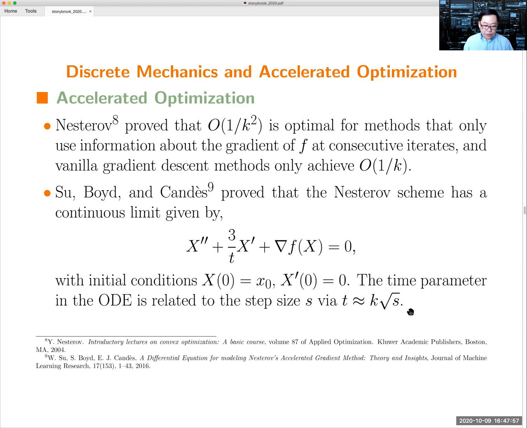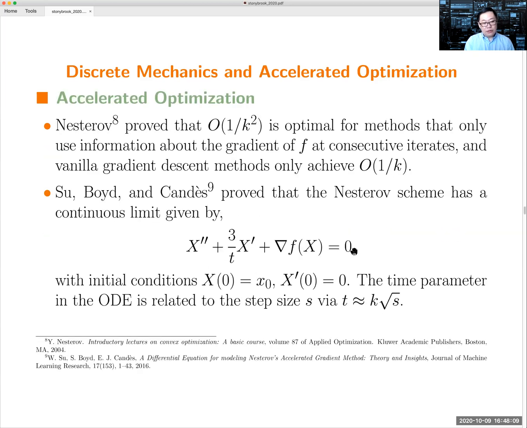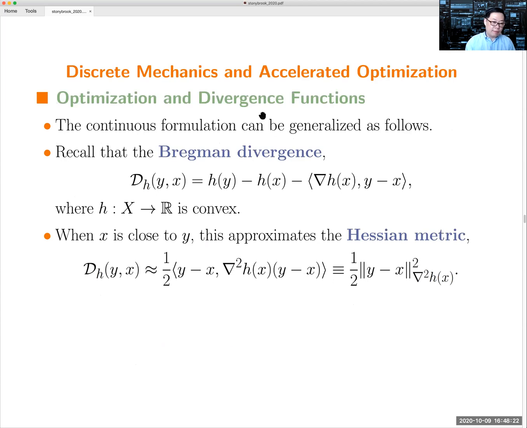If you rescale the time appropriately, you can identify the dynamics of the Nesterov algorithm with the dynamics of this differential equation. All right, so this is the Nesterov case where you have this 1 over k squared rate. One of the other questions is whether there is a way to generalize it so that you have continuous dynamical systems which converge at potentially faster rates.